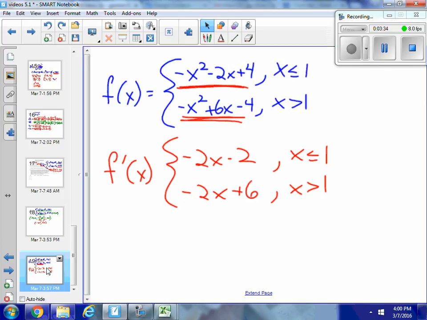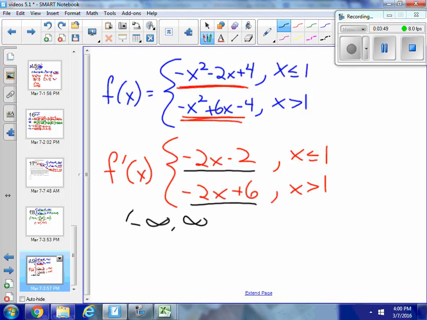This is a linear function, and that's a linear function, and the domain of any linear function is negative infinity to infinity. There are no x values that don't count. No denominators, no radical signs, no logarithms. The only question I have is at this point right here, where x equals 1.